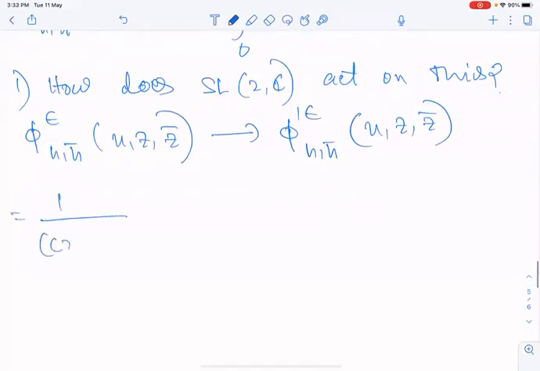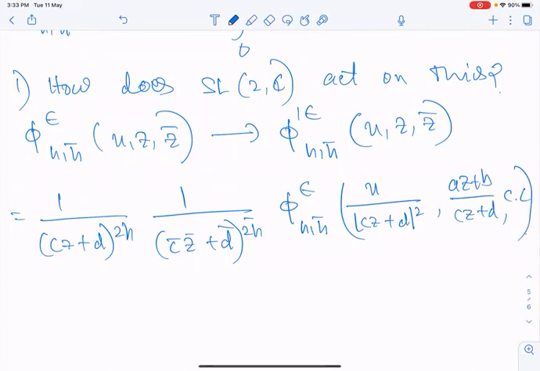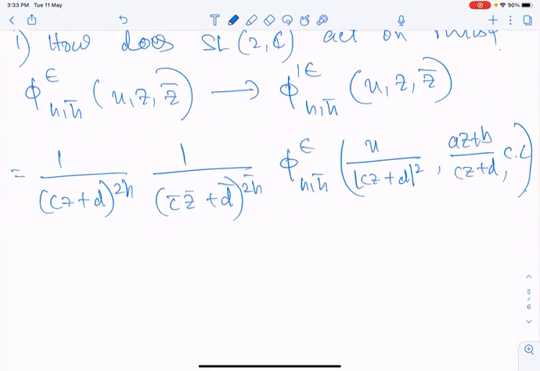You have the same prefactor, and then U transforms in this way.